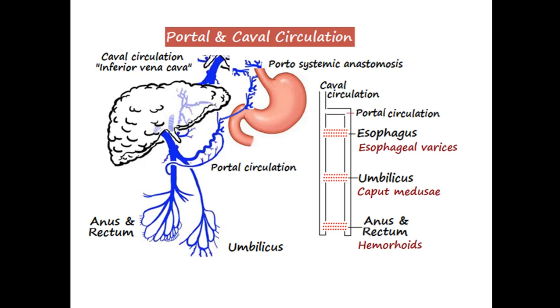And here, when the pressure in the portal system is increased as compared to the pressure in the caval system, what happens? These veins swell up, become swollen and tortuous, and give rise to disease like hemorrhoids. So here we are concerned mainly with the esophageal varices.